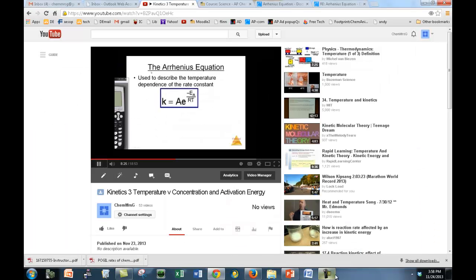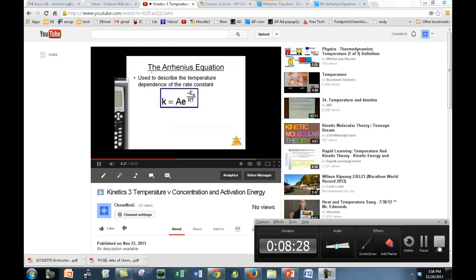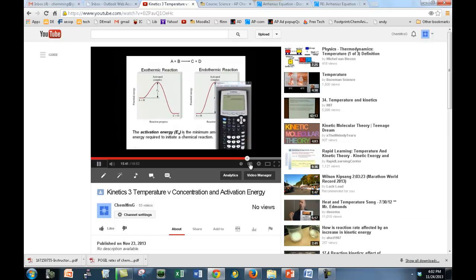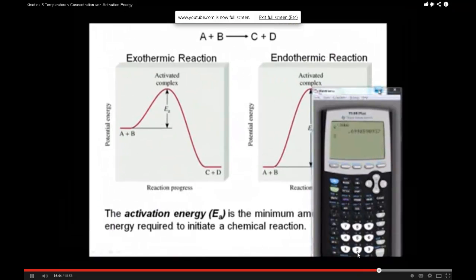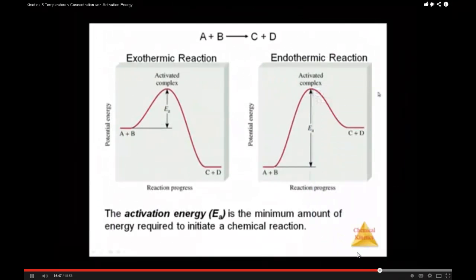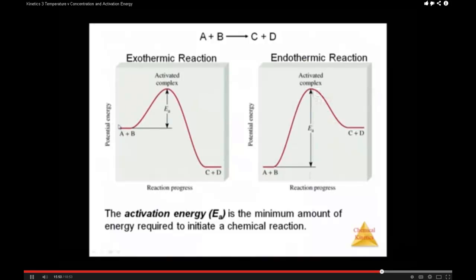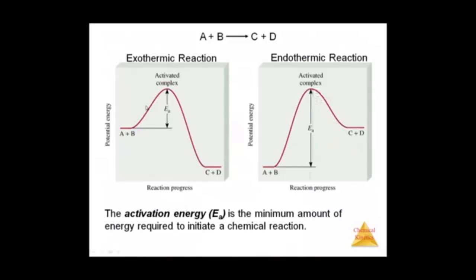Now Arrhenius came up with this equation. So if I have an exothermic reaction, the energy of activation is here, leading me to my products, which would be at lower energy. Okay, so the activation energy is the minimum amount of energy.